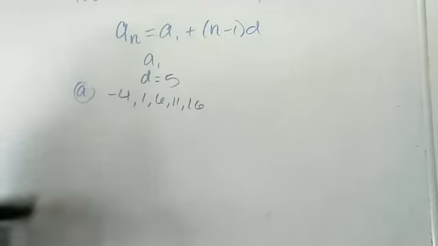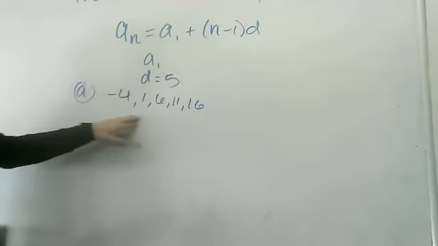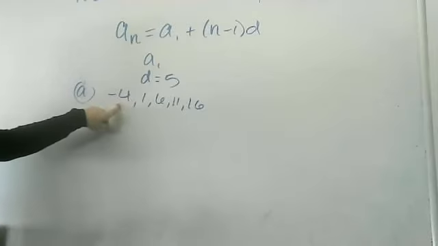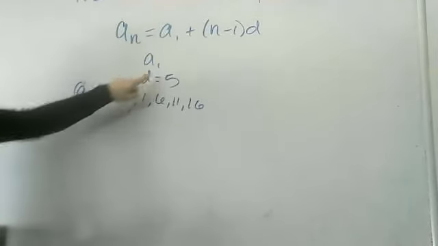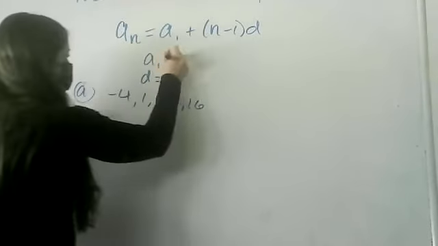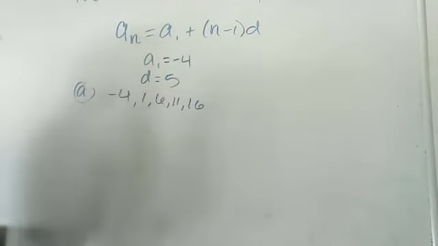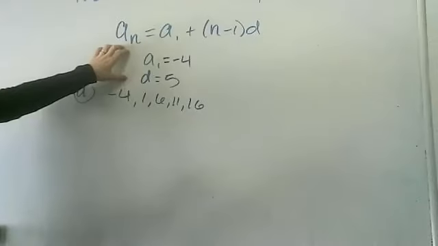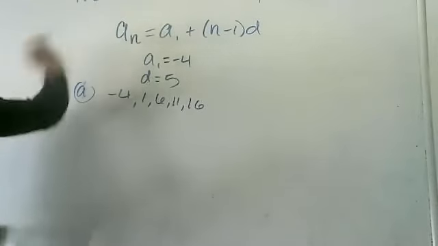What's a sub 1 mean about this sequence? Good, it's the first term in the sequence. A sub 1, first term, so a sub 1 would be -4. Those are the only two things you have to know. Common difference, first term, and obviously that's arithmetic. You can only use this formula if it is an arithmetic sequence, okay?